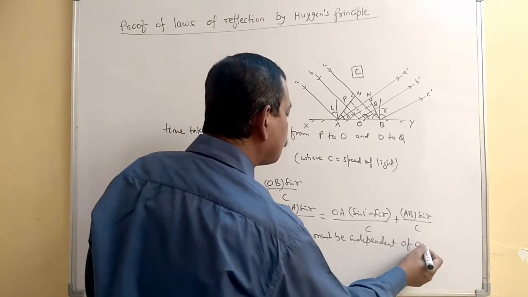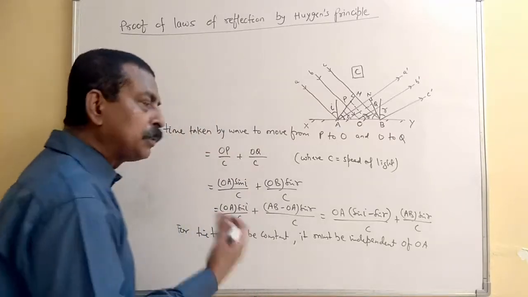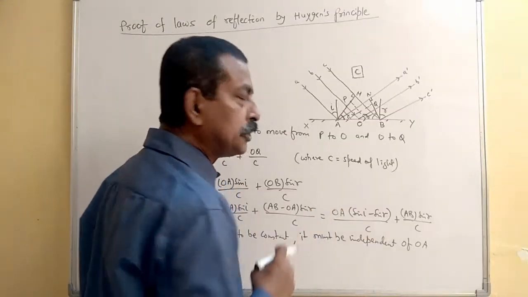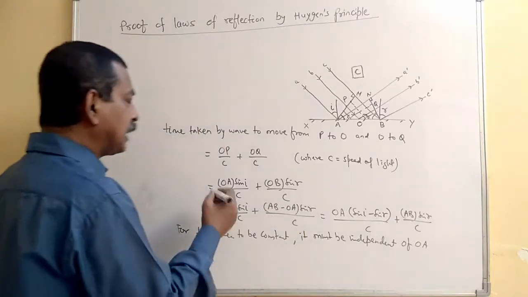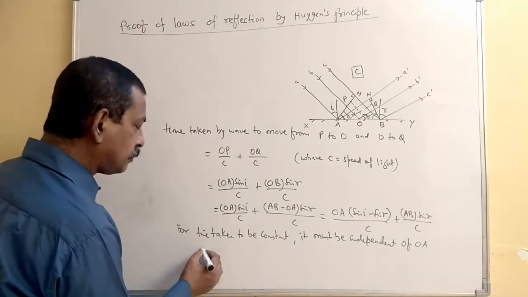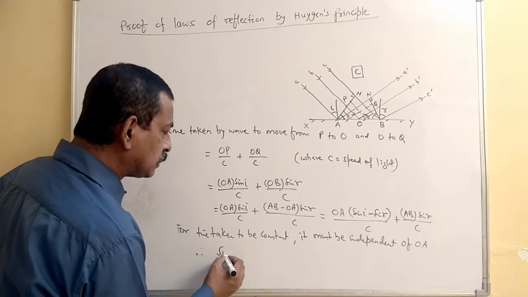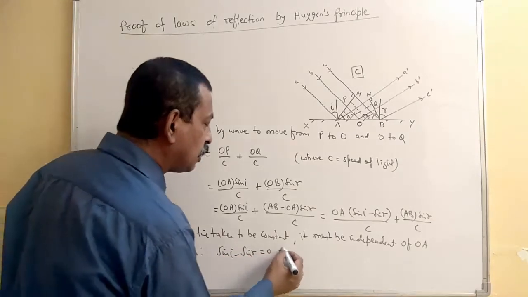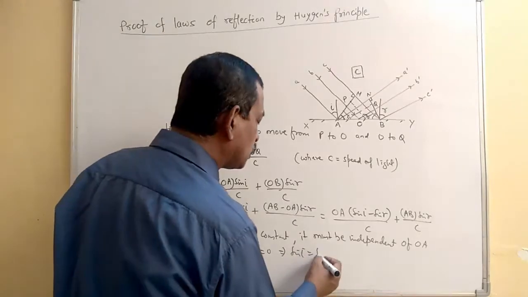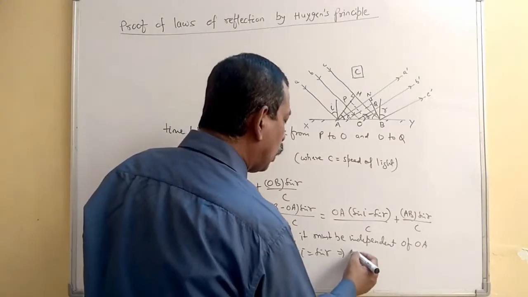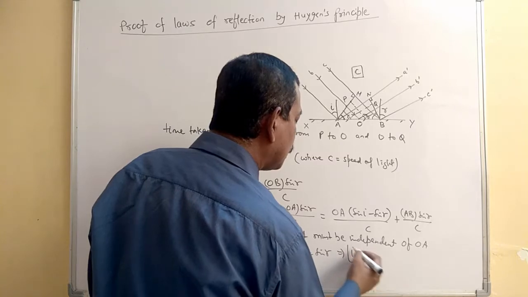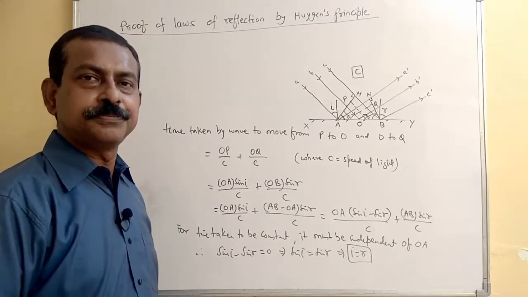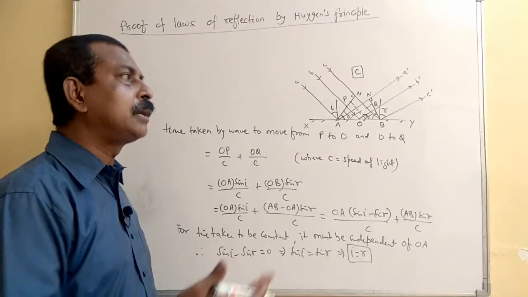And how can it be independent? It will be independent if its coefficient is 0. Therefore, its coefficient sin I minus sin R should be 0, or sin I is equal to sin R, or I equals R. So angle of incidence is equal to angle of reflection. This is the first part of laws of reflection.